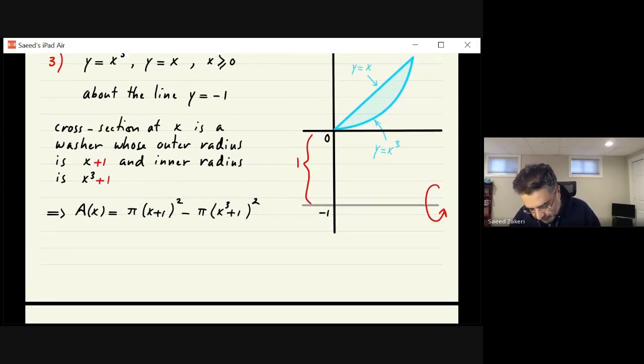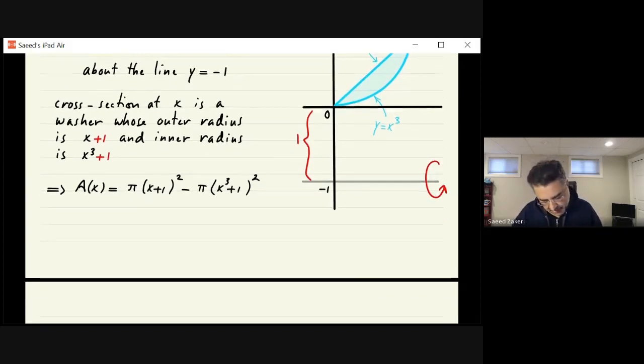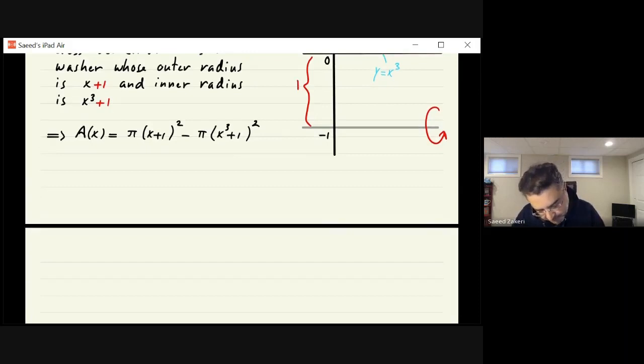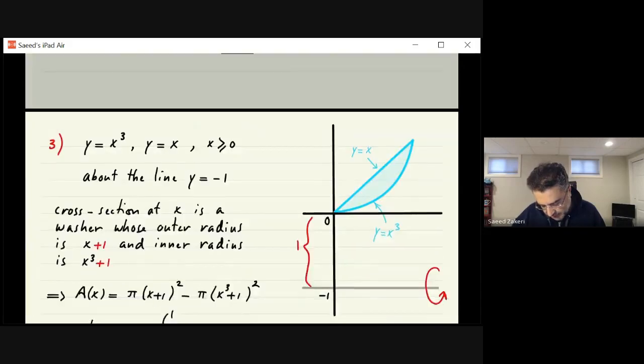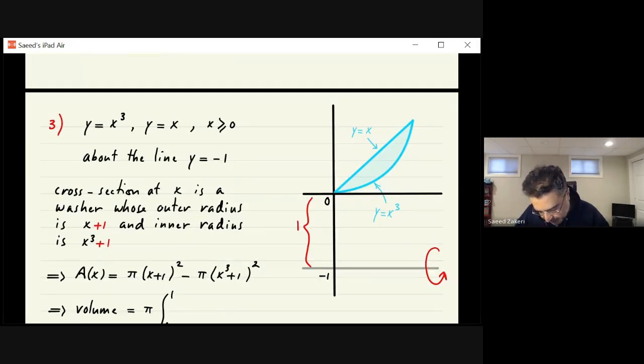So maybe I need some extra paper. So that means the volume is pi integral from 0 to 1. Remember, the bounds won't change. The bounds of integral are still 0 and 1.